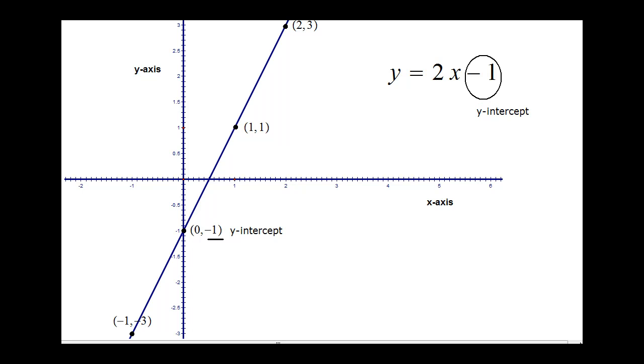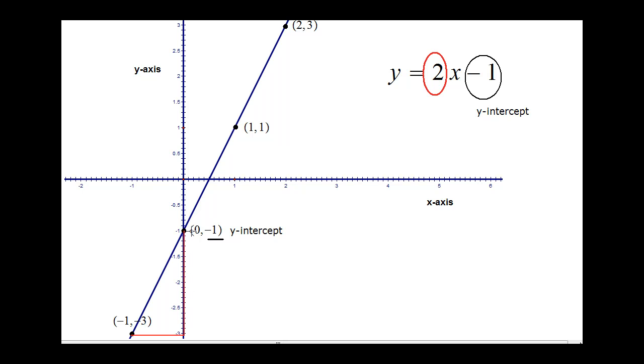Now let's look at the meaning of this coefficient here. Say here is a point on the line, and say instead of using this line as a ramp, I was going by steps. What will happen if I go 1 unit to the right?